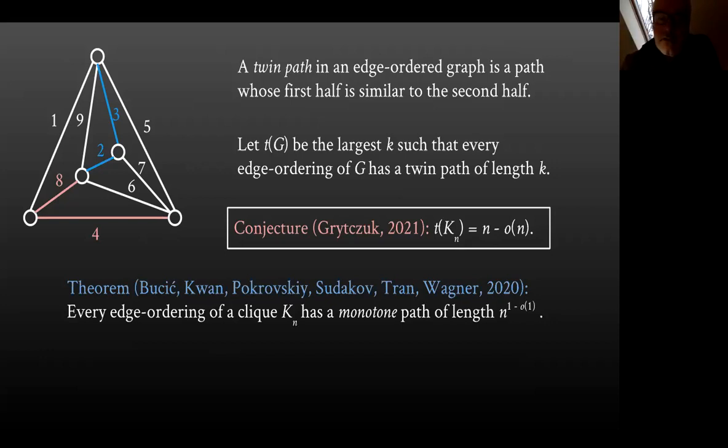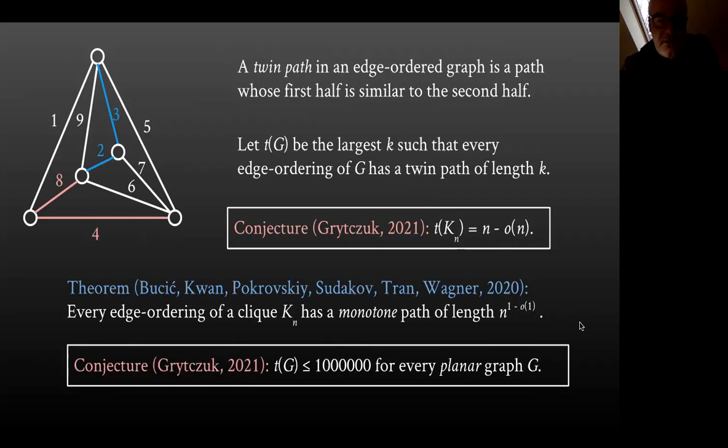It is also conjectured here that this should be linear in n, and this is almost proved now. But I believe that for twins defined like that, it should be larger, of course. And for instance, for planar graphs, we can try to bound the length of such twin paths. Maybe it is true that we can bound it by some constant.